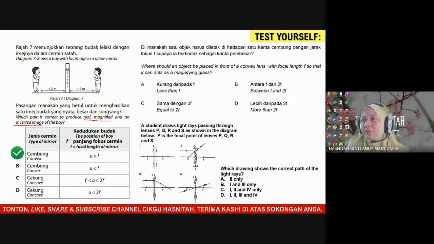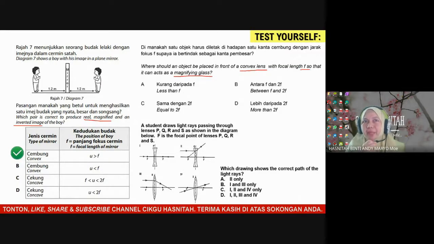What about question number 2? Where should an object be placed in front of a convex lens with a focal length of F so that it can act as a magnifying glass? Do you know a magnifying glass?